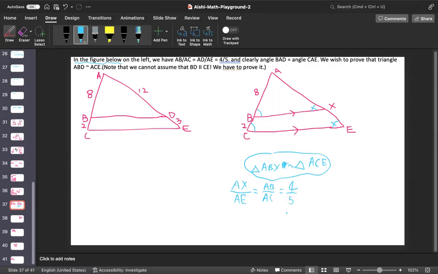Okay. So then AX is equal to 4/5 of AE, right?